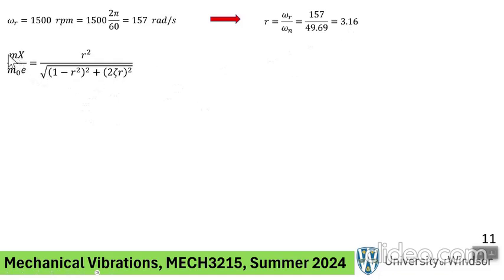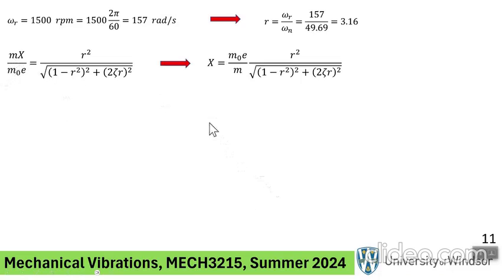We have M. This M is the mass of the rotating component. Okay, M naught is your unbalanced mass.